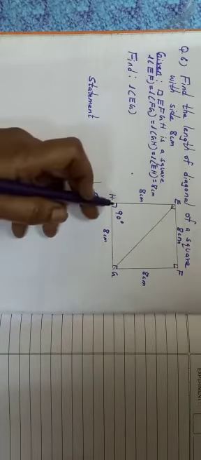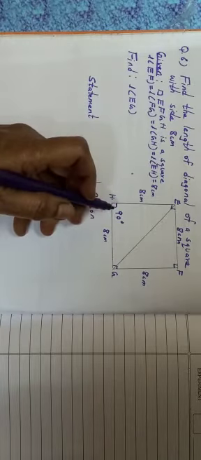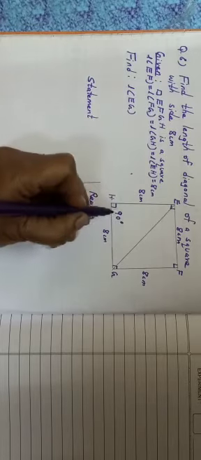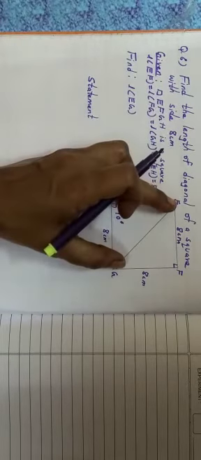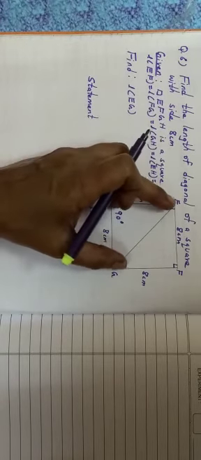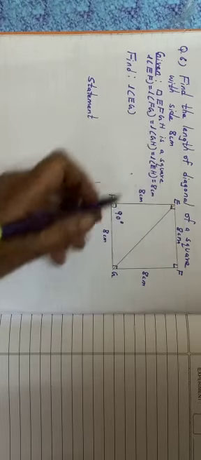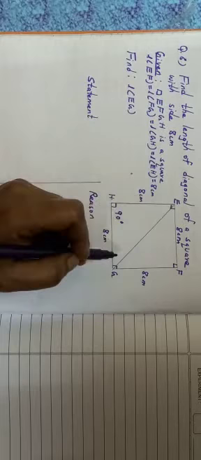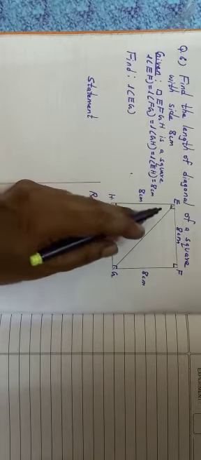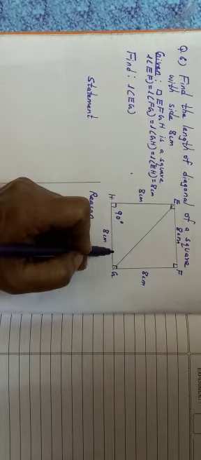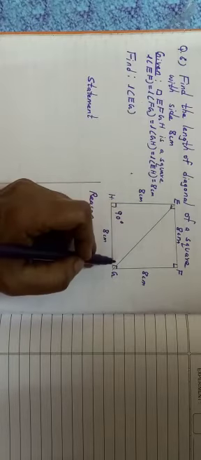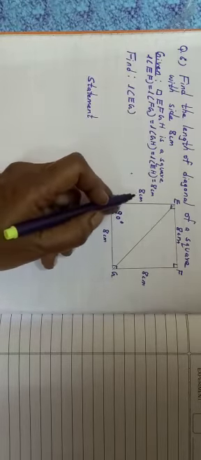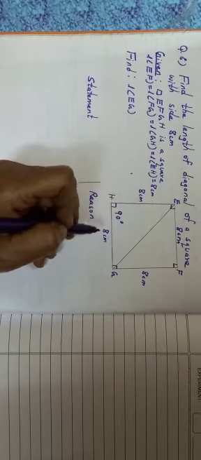What does Pythagoras theorem say? Opposite to 90 degree, this diagonal EG is actually your hypotenuse, because this side is opposite to 90 degree. The side which is opposite to 90 degree is called the hypotenuse.